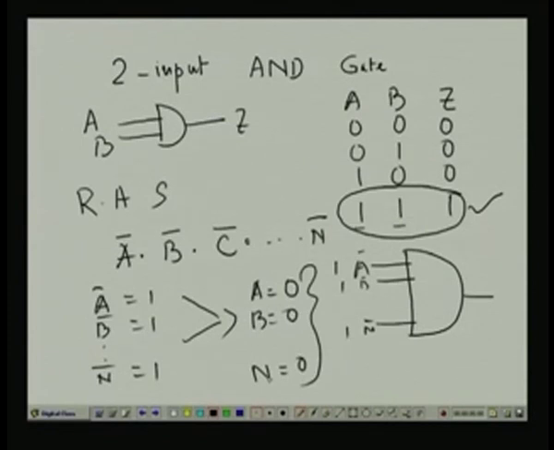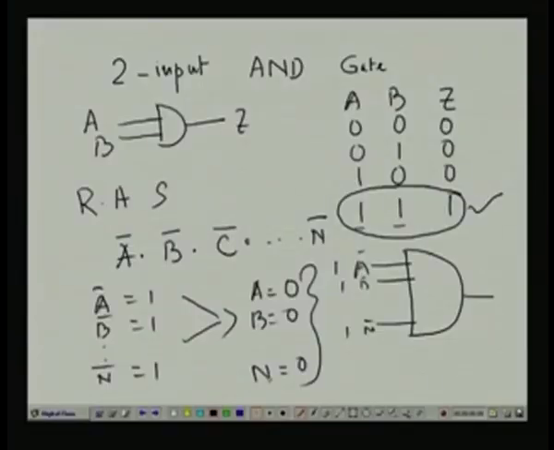That means, when all the variables are 0, then only it generates a 1 output, and this is the only situation of the second rule, De Morgan's rule, when a 1 output will be generated.